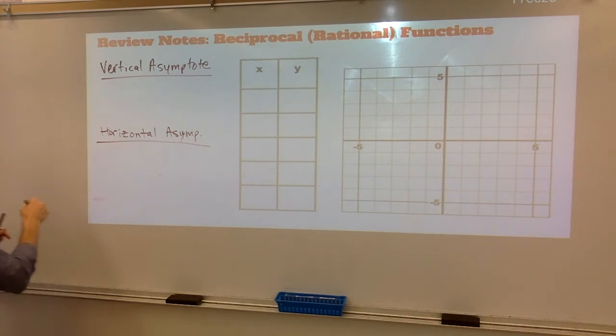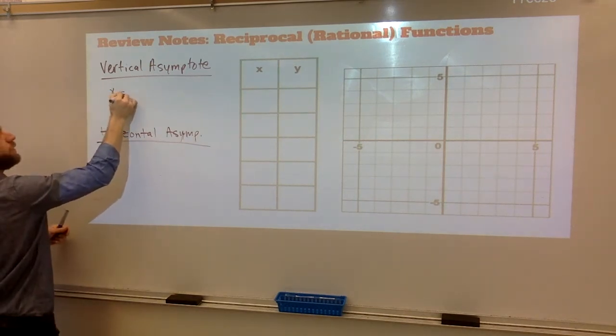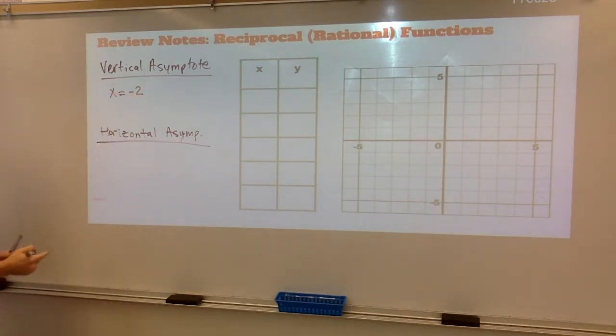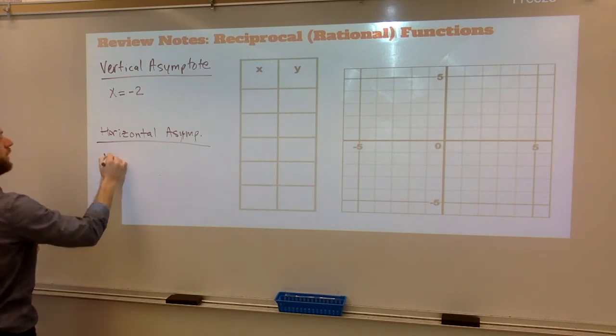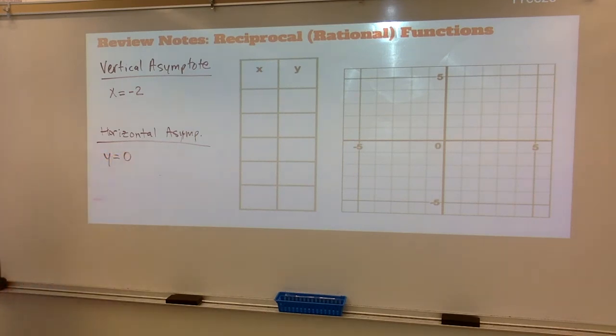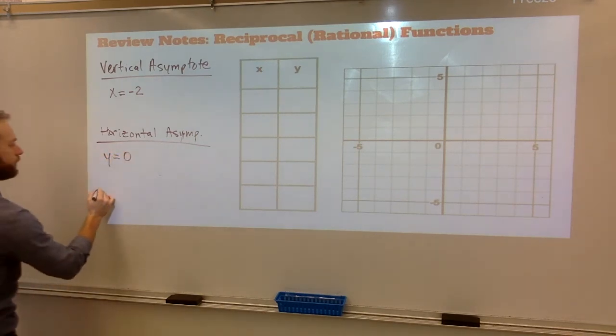Let's say that the vertical asymptote is x equals -2, and the horizontal asymptote is y equals 0. And it asks you, what is the equation?